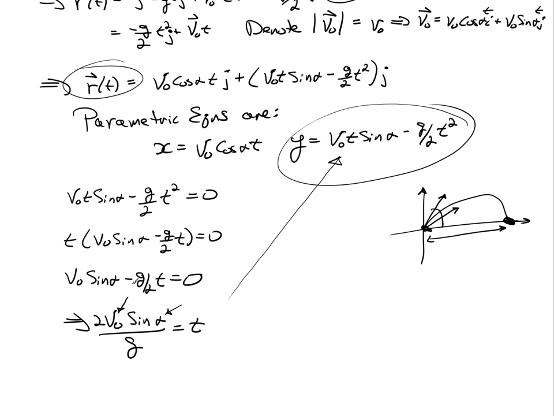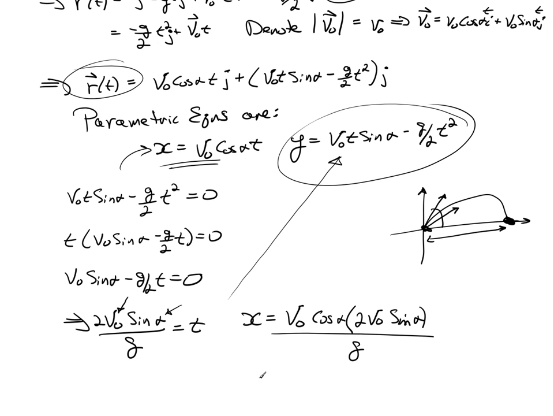So let's put this in for x and think about what's going to maximize x. I'm not trying to maximize y. I really want to maximize x, which is my distance. So when I put this in for time, I will get x equals v naught cosine of alpha times t, and t is going to be twice v naught sine of alpha over g.